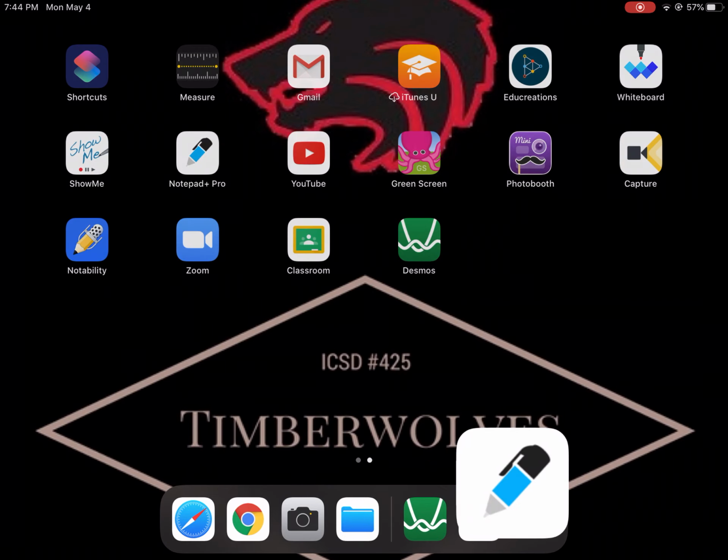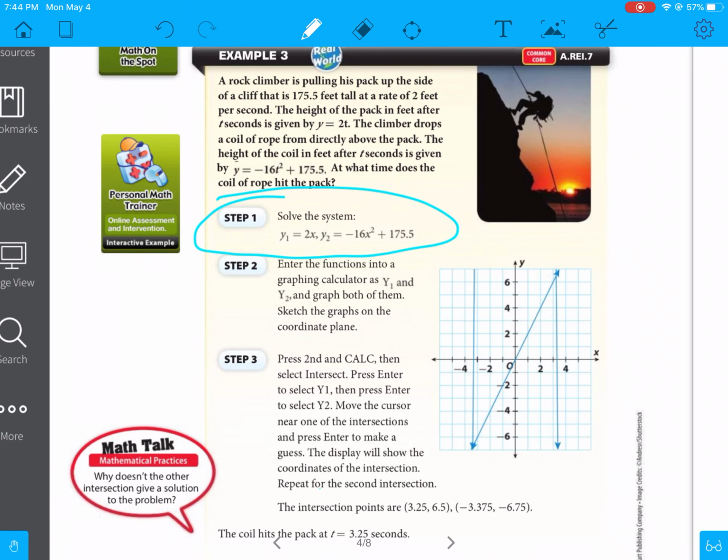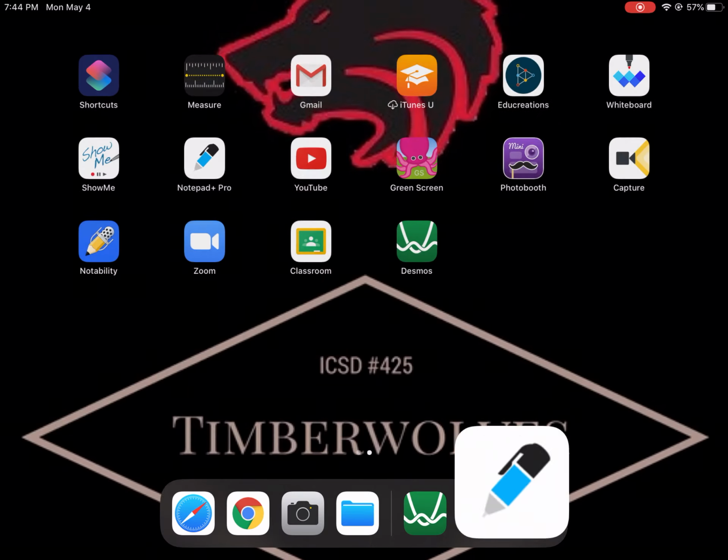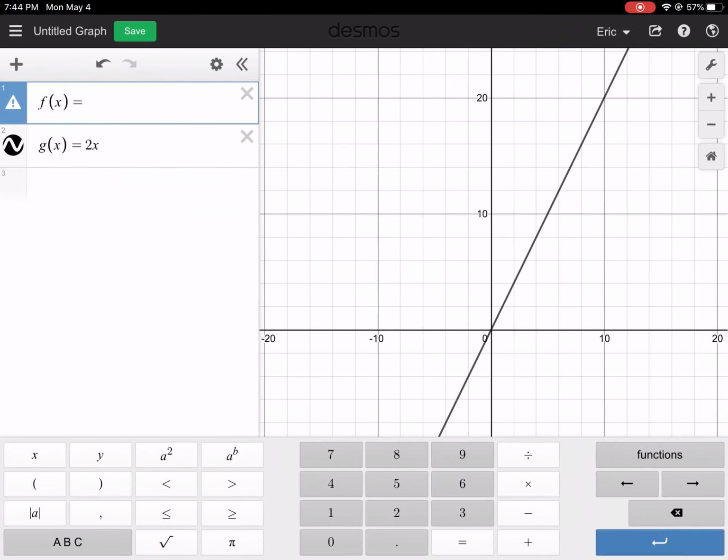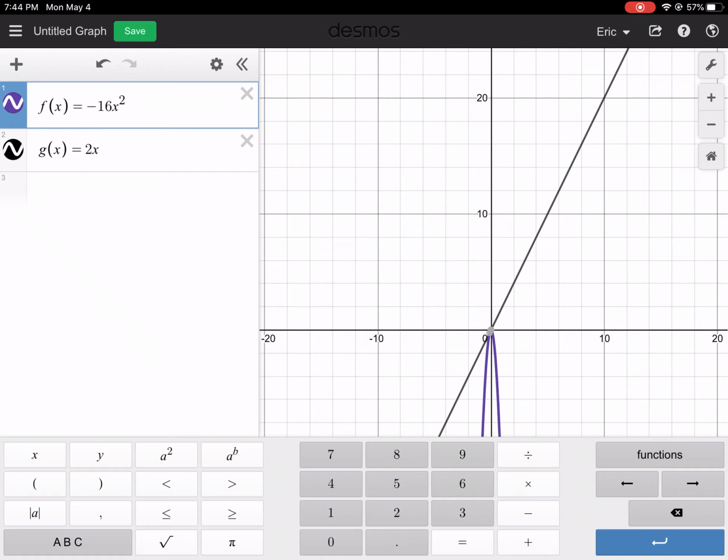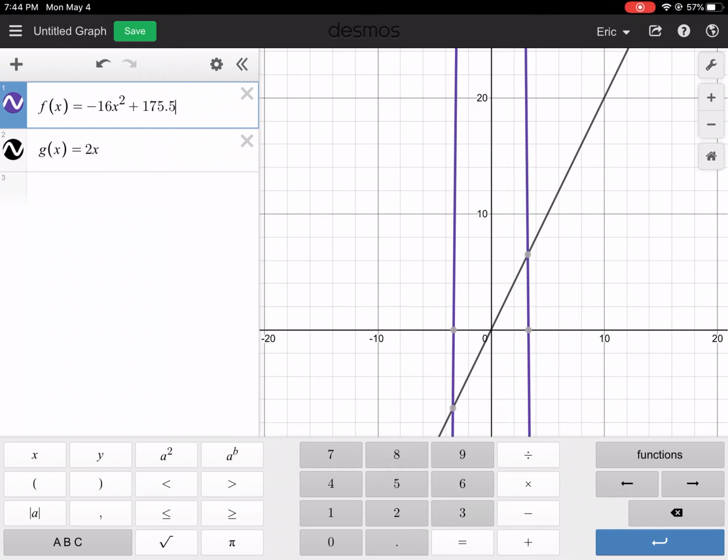And it was negative 16x squared plus 175.5. And now what you're going to have to do is find where the intersection points are.